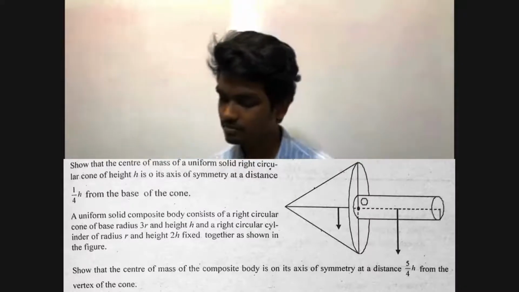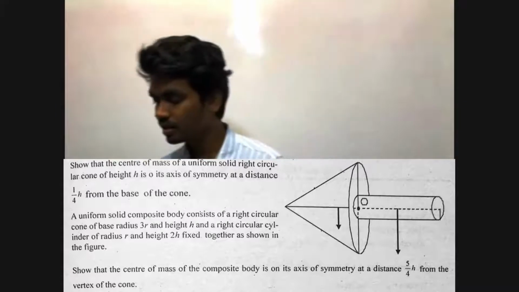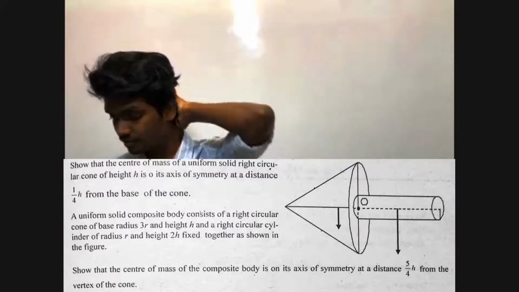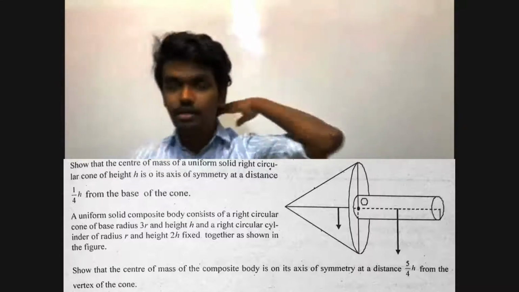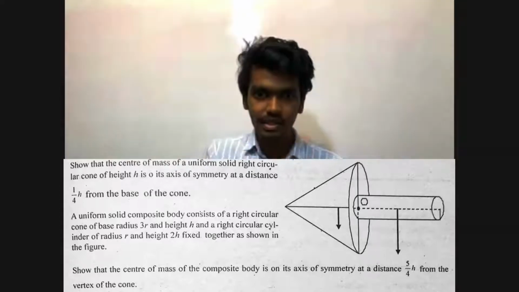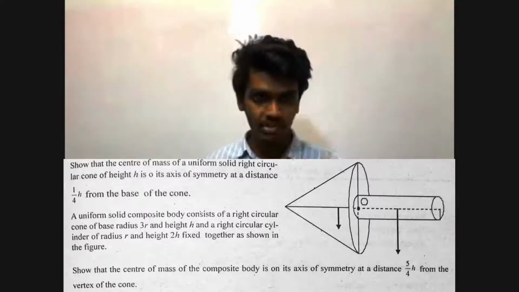Show that the center of mass of the composite body is on its axis of symmetry at a distance from the vertex of the cone. So the vertex of the cone, center of gravity of the composite object.